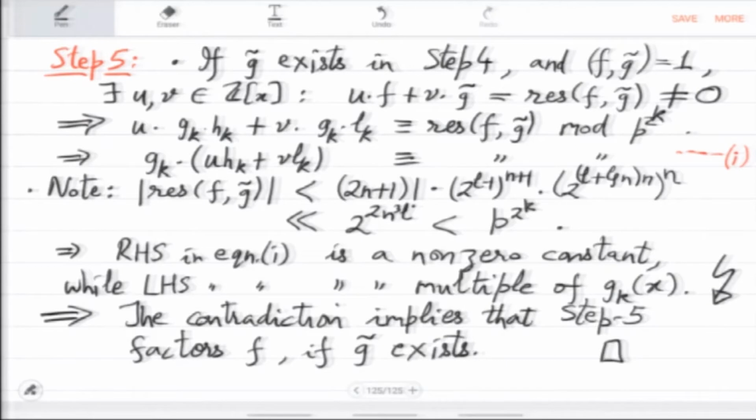Okay, so whenever step 4 succeeds, step 5 also succeeds. This is an amazing property. So all we have to do is work out step 4. Once we have worked out step 4, step 5 will automatically succeed and factorize.